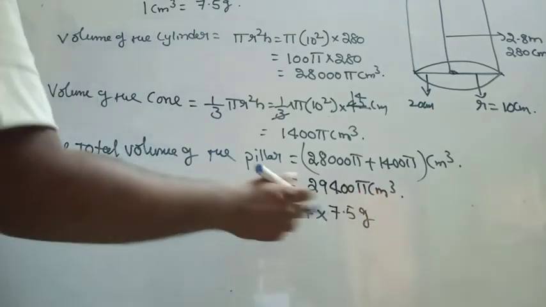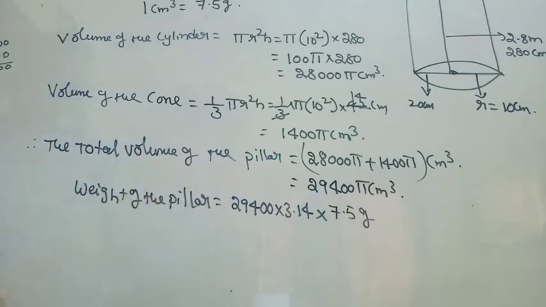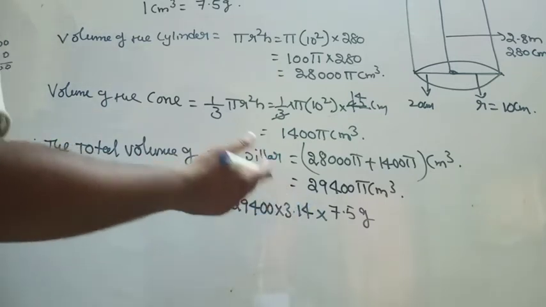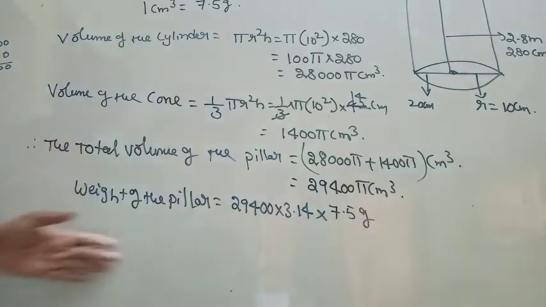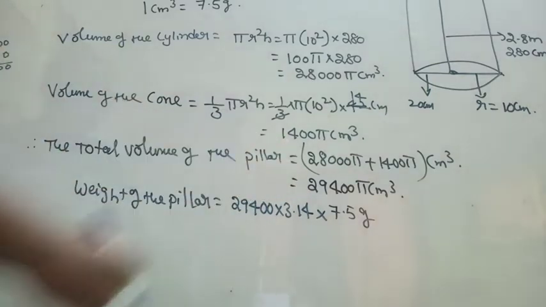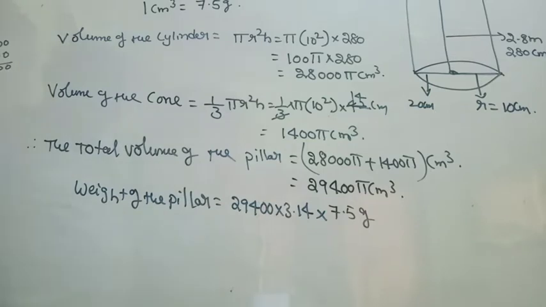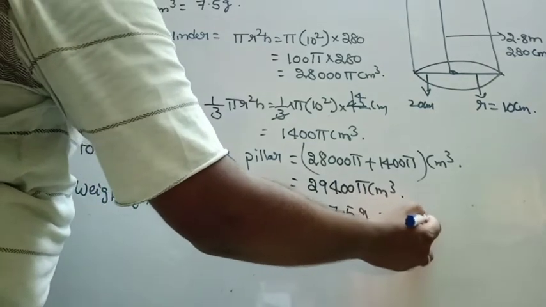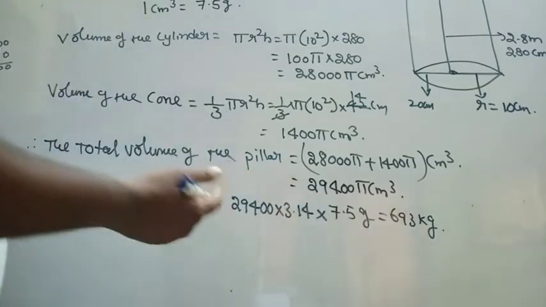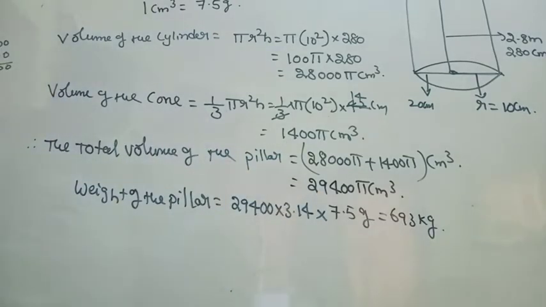If you do this, that is the total weight of the pillar. If you simplify that, I think you will get 693 kg. You just simplify, and like that you will get the answer to this problem.